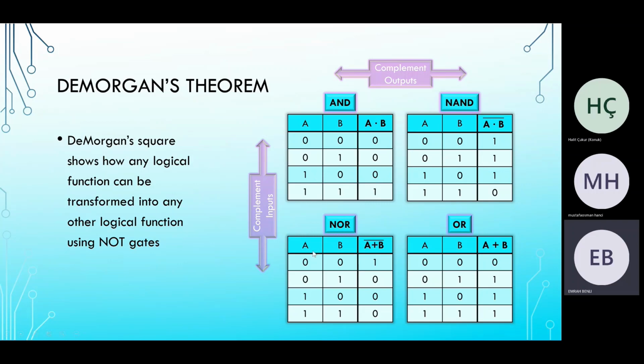Go to 0, 1, and the output is 0 there as well. Complement of 0, 1 will be 1, 0. Correct. Complement of 0, 0 will be 1, 1, and the output is 0.